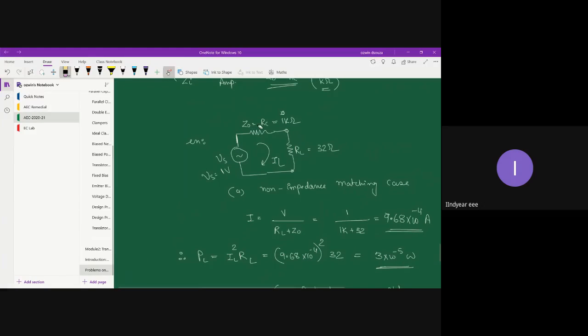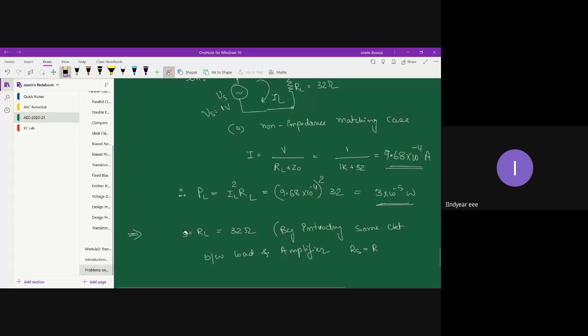I have taken Z0, let me take it as Z0 itself. Z0 is equal to RL is equal to 32 ohm.